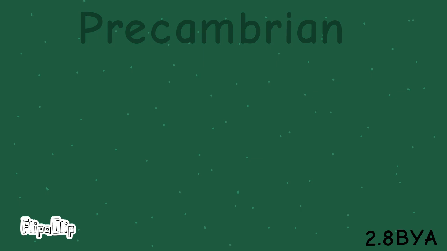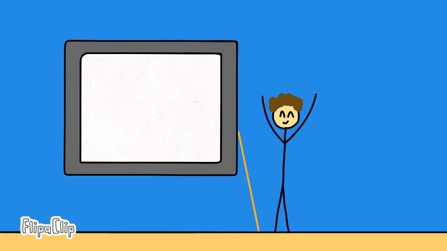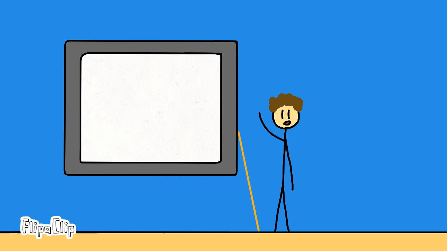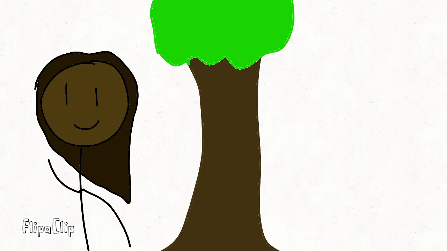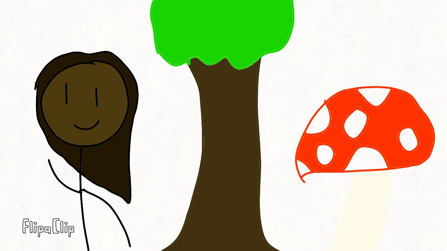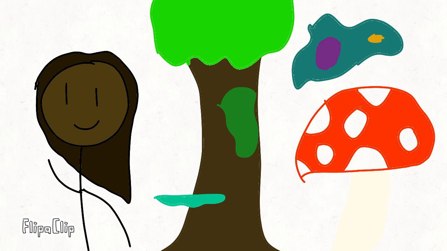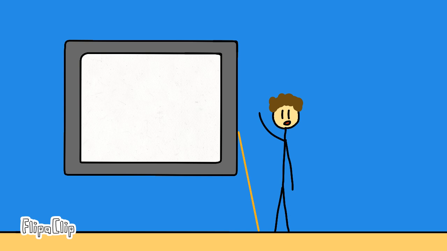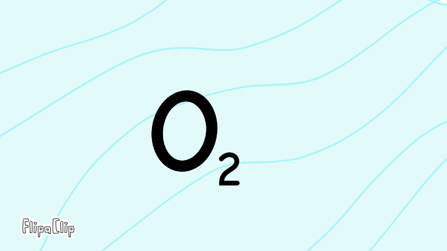Fast forward to 2.4 billion years ago, and things are getting interesting. Welcome to eukaryotes, aka the living organism cells that make up all animals, plants, and fungi, and many more. Also, it is time for the Great Oxidation Event, where we receive a bunch of oxygen.